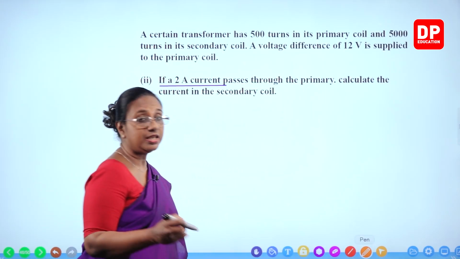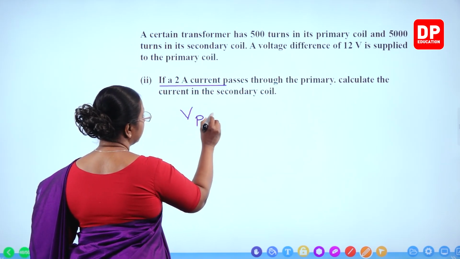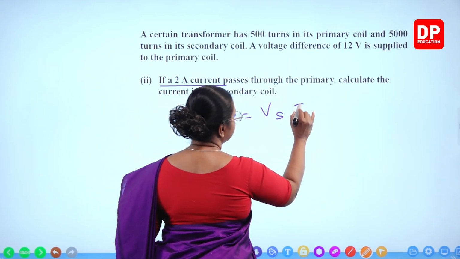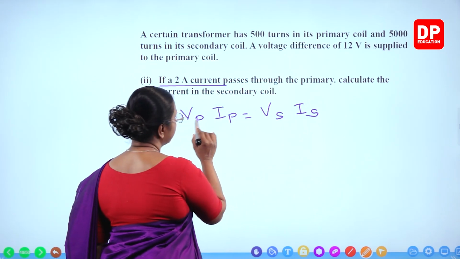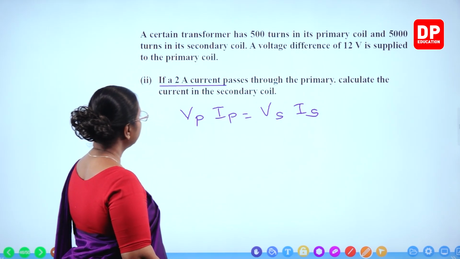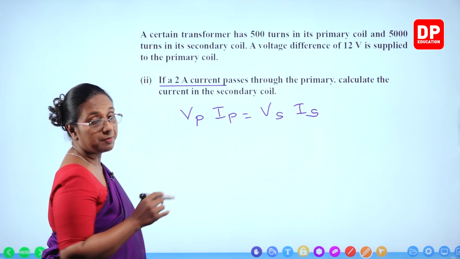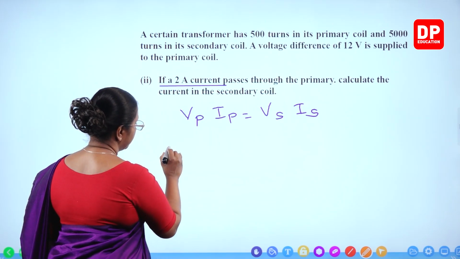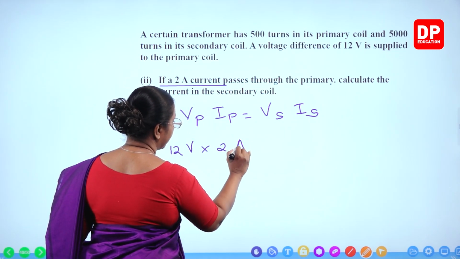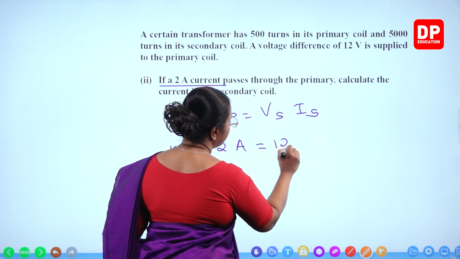Now we use the equation for power. V primary into I primary equals V secondary into I secondary. Voltage into current, that is power. So here you can remember there are 12 volt is supplied to the primary coil. So 12 volt into 2 ampere current, that is obtained as 120 volts.